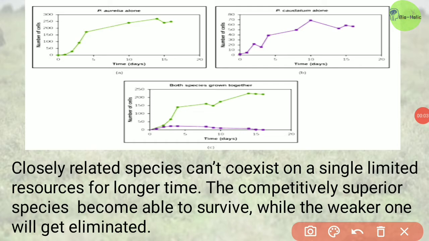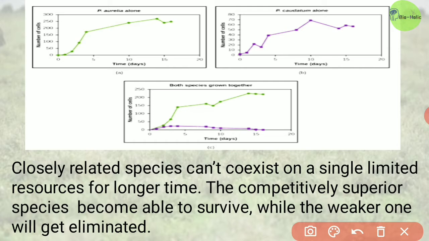So as an example of the competitive exclusion principle, I can say Gause's experiment which he did with two species of Paramecium. So Paramecium aurelia and Paramecium caudatum were taken. Gause determined the growth of each species in two different conditions.